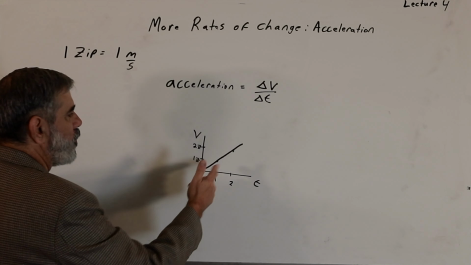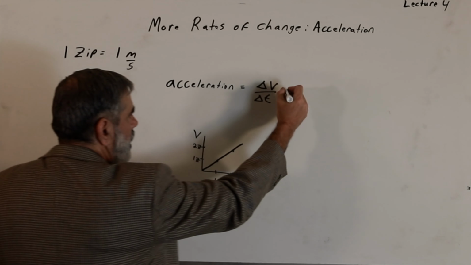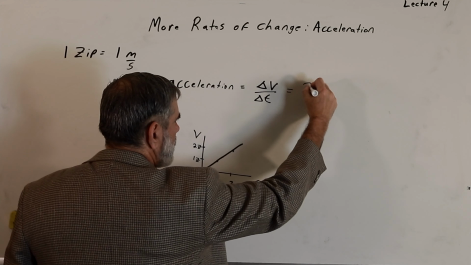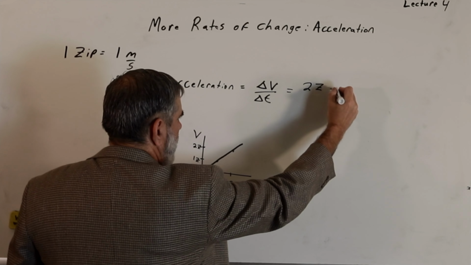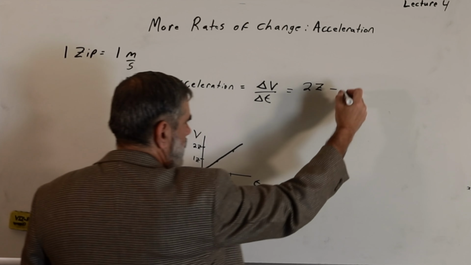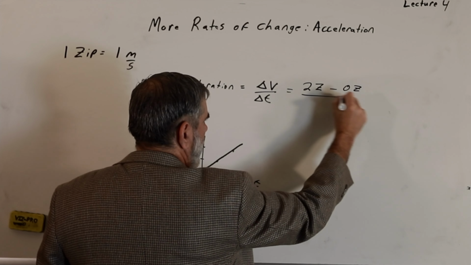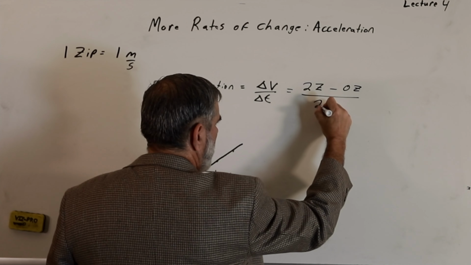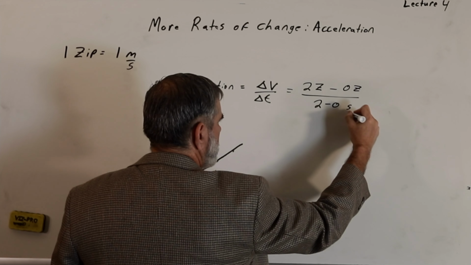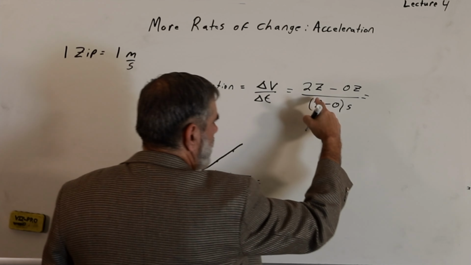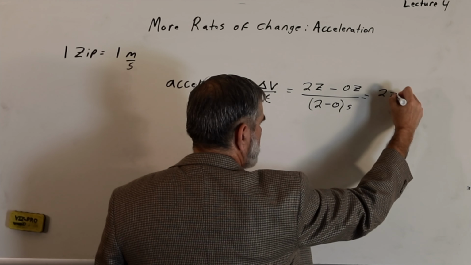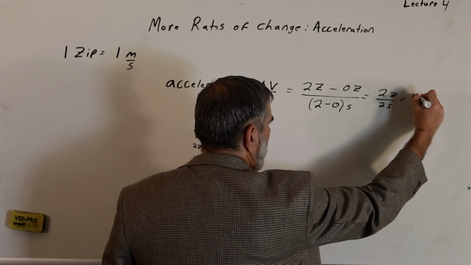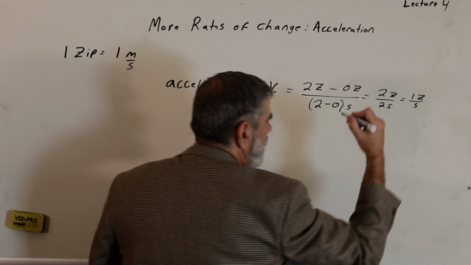And how quickly is it doing that? Well, if we take our final velocity, which was 2 zips, and we subtract our initial velocity, which let's say was 0 zips, and divide that by the time interval, delta t, which is 2 seconds minus 0 seconds, then we get 2 minus 0 is 2 zips, divided by 2 minus 0 is 2 seconds, which is 1 zip per second.